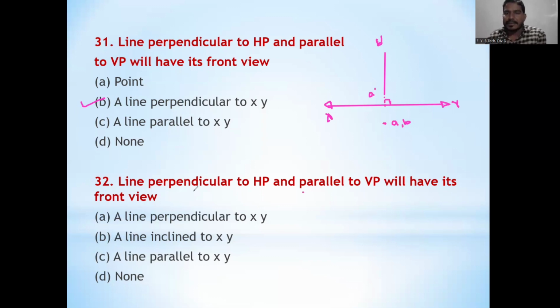Option A, line perpendicular to XY; line inclined to XY; line parallel to XY; none. We have already seen that the front view is a line perpendicular to XY, so option A will be correct here.